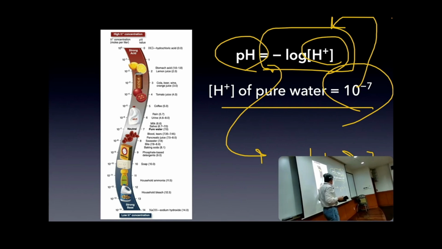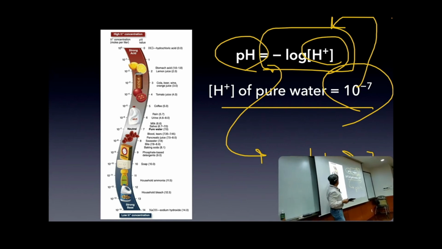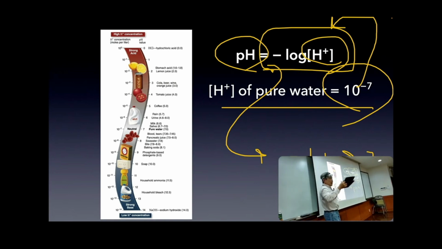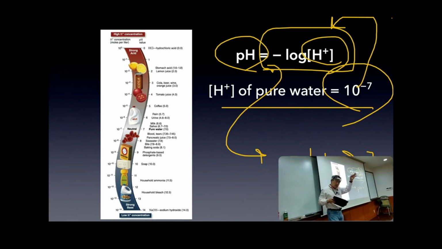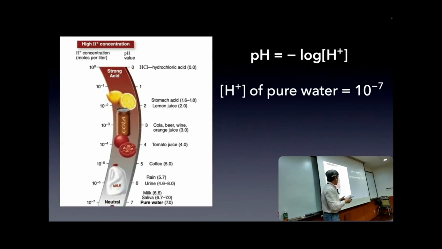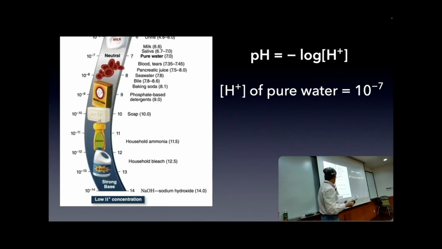That's why acidic pH is below 7, and alkaline pH is above 7. That is the reason. Some of the familiar substances are highly acidic, and others are highly basic or alkaline.